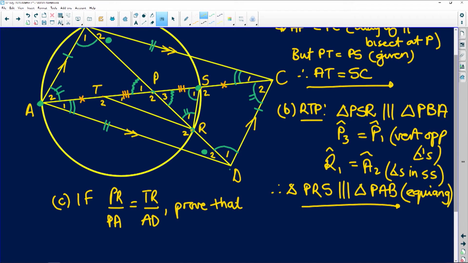Now we've got two things to prove. The first thing they want us to prove is that triangle RPT is similar to triangle APD.